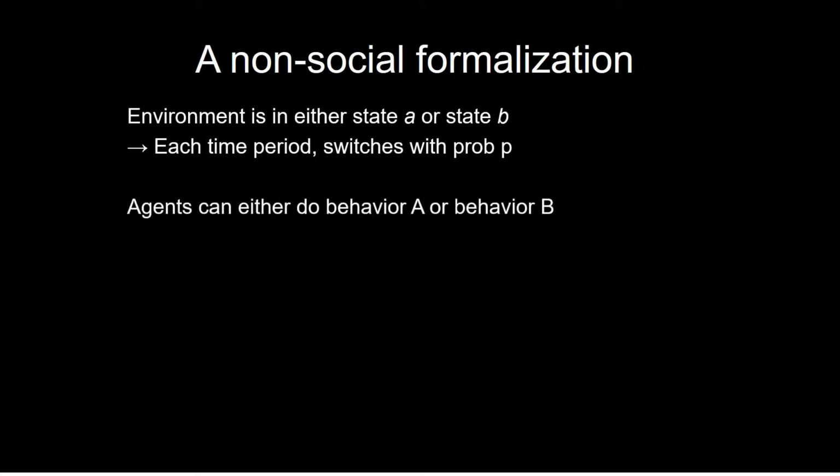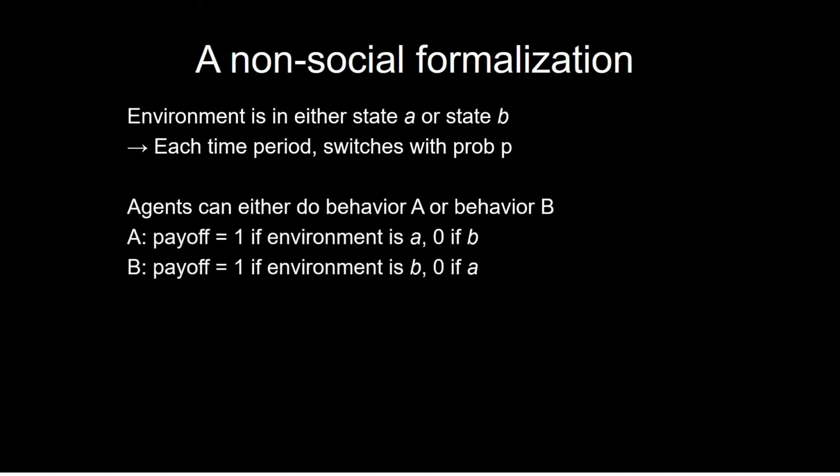And then you've got agents, and the agents are sitting in the environment, and they can choose one of two behaviors. They can either do capital A or capital B. The key idea here is that different environments call for different behaviors.